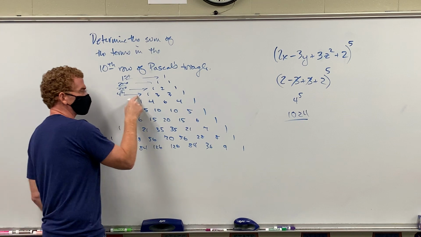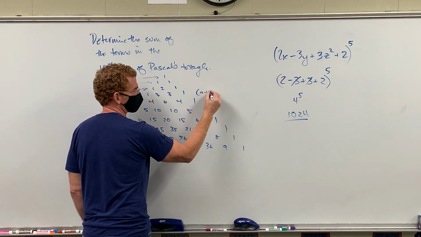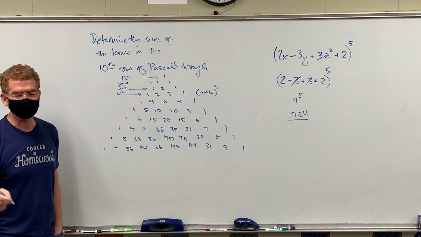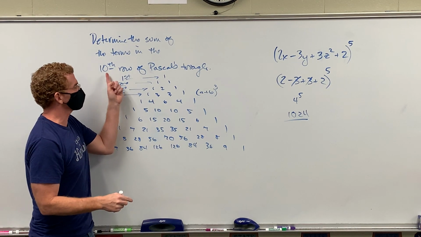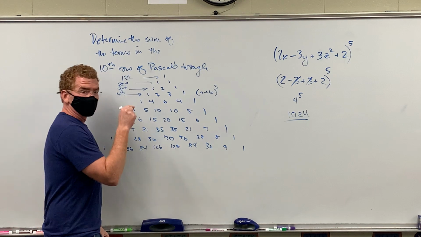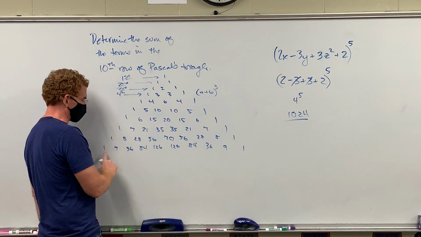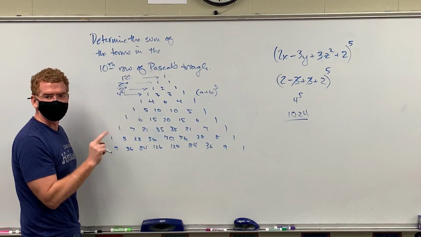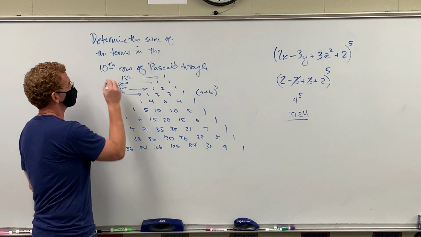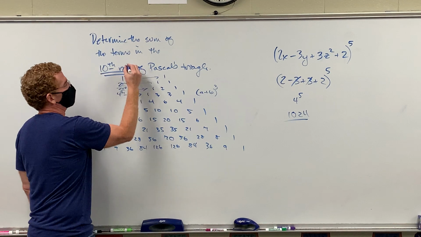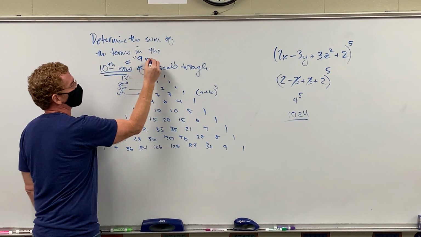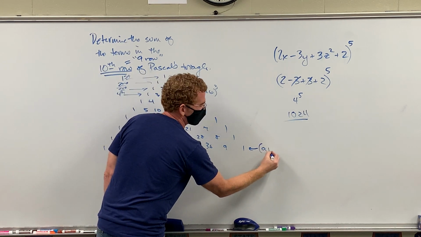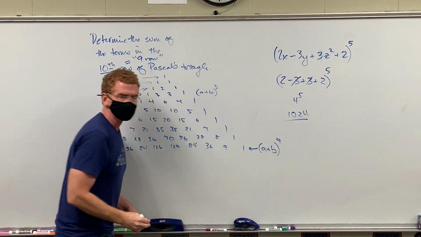But the fourth row is the one that came from the cube. And this is what can be really confusing at math tournaments. If they say 10th row, if you look in your book, they don't call it the 10th row, they call it the 9 row. 10th row is the same thing as the 9 row. And they call it the 9 row because it was created from A plus B to the 9th.